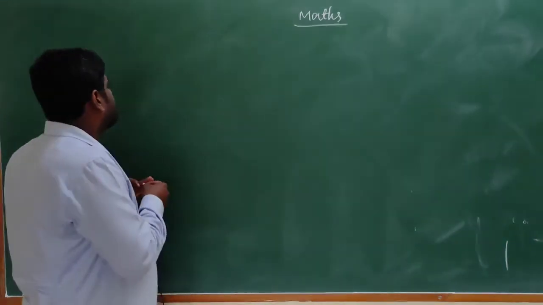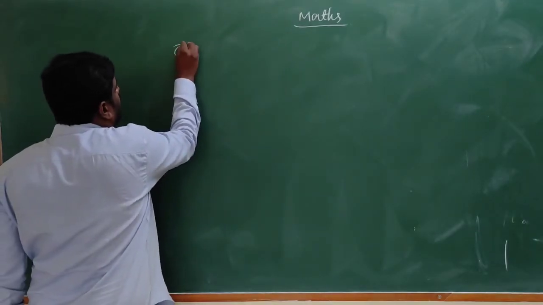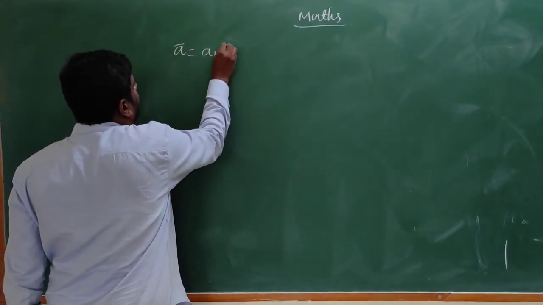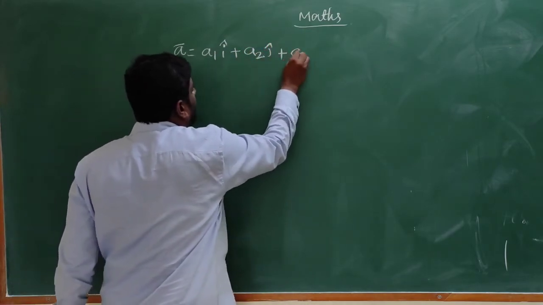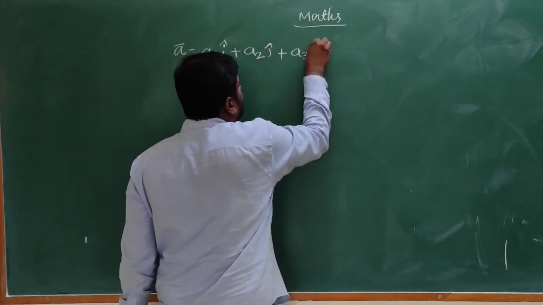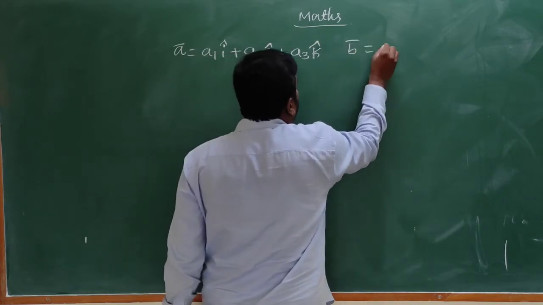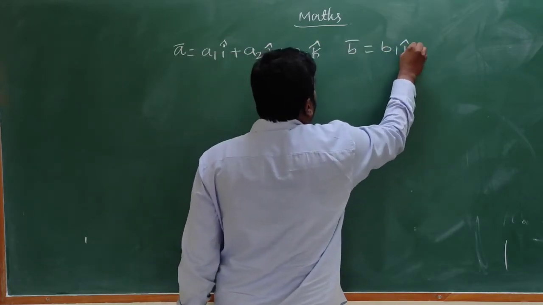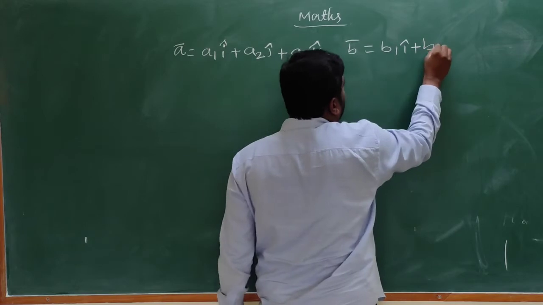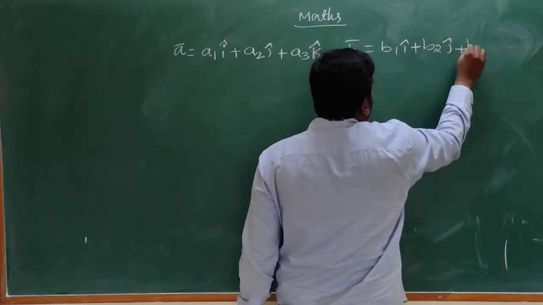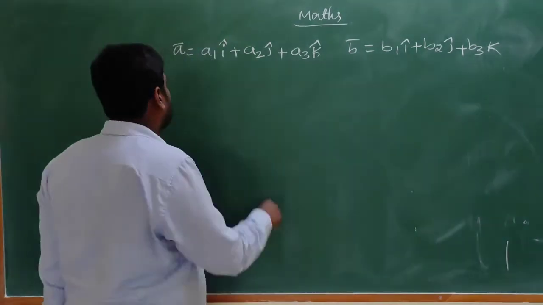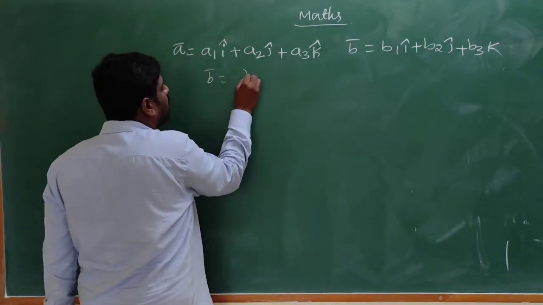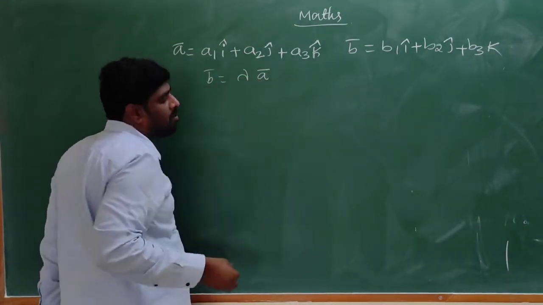Suppose a bar is equal to a1 i cap plus a2 j cap plus a3 k cap, and b bar is equal to b1 i cap plus b2 j cap plus b3 k cap. Therefore, b bar is equal to lambda of a bar.